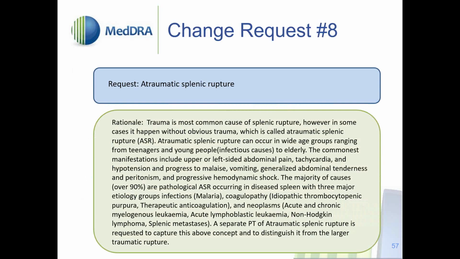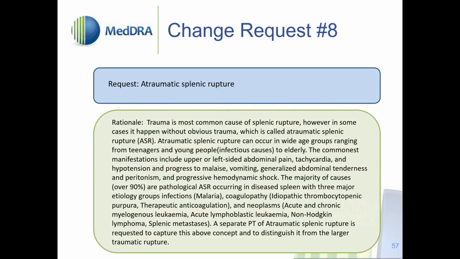So this they call atraumatic splenic rupture in a wide array of age groups ranging from teenagers and young people. Commonly, they tell us the symptoms, and they say that the majority of causes are pathological, occurring in diseased spleen with 3 major etiology groups: malaria, idiopathic thrombocytopenic purpura, and neoplasms.